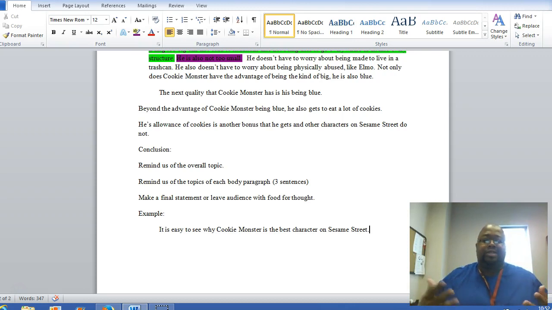So what this does is it reminds you that this paper has been about Cookie Monster being the best character on Sesame Street. Now we're going to revisit the individual elements.